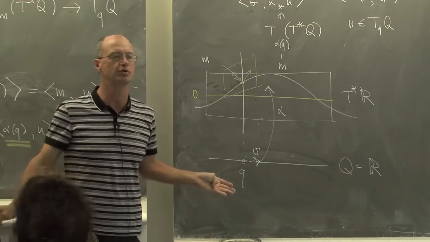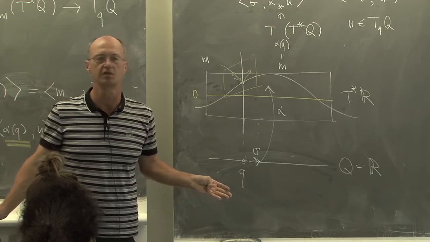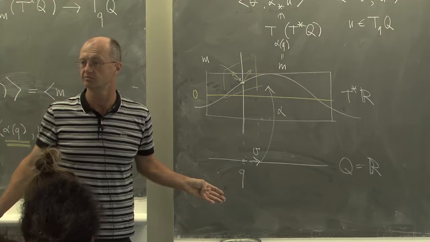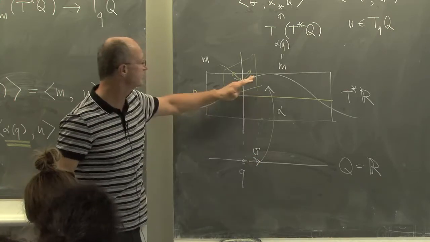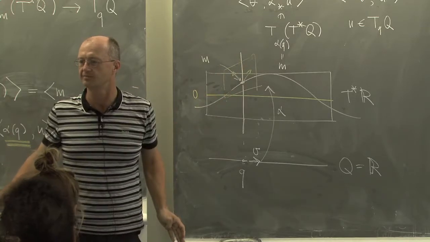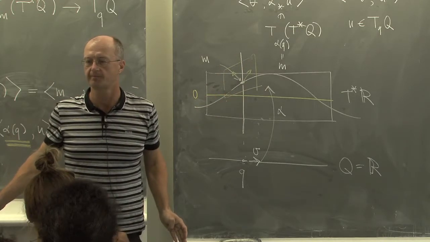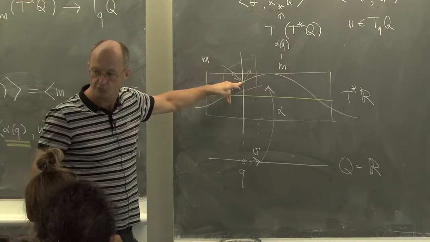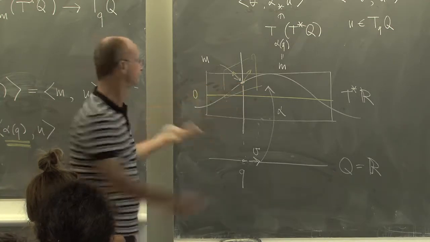So that returns to like first-year calculus. What are they, those tangent vectors? So I take an image of this guy here under the tangent map to alpha. What do I get? Right, I get a tangent line to this graph.